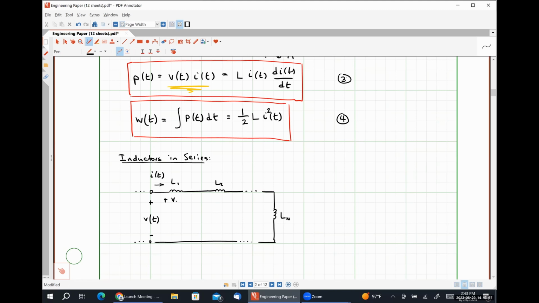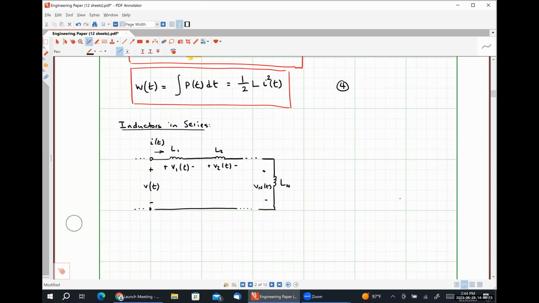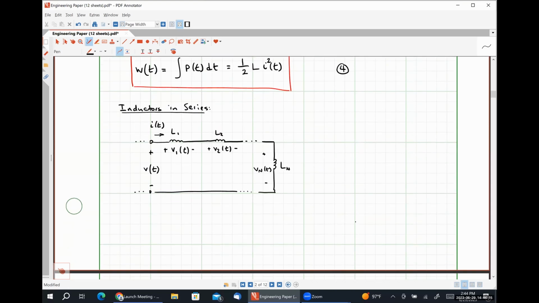We're going to write the individual voltages as V1, V2, and V sub n, like so, so that we can say V is equal to V1 plus V2 all the way out to V sub n, right?